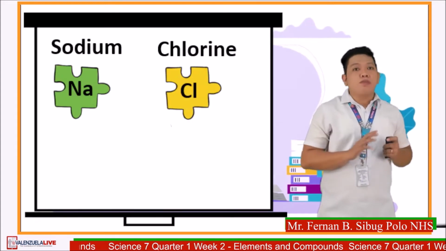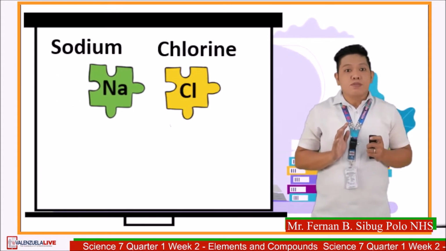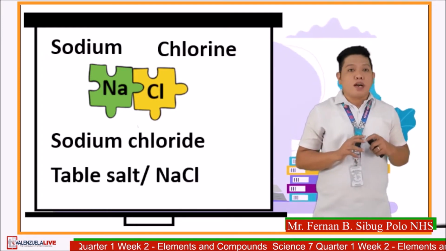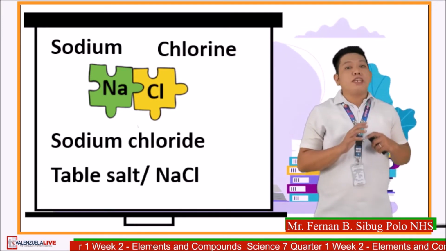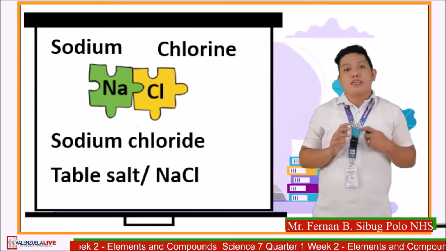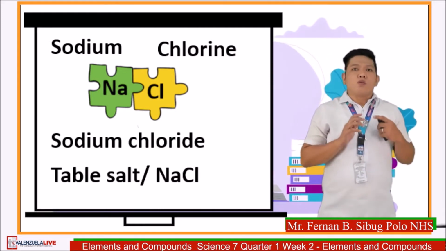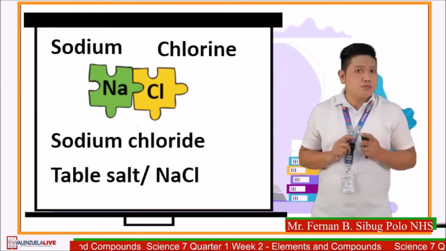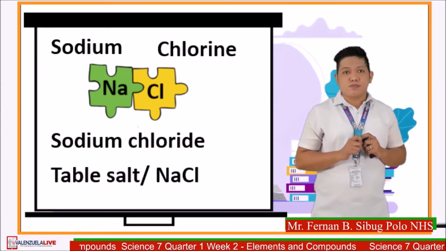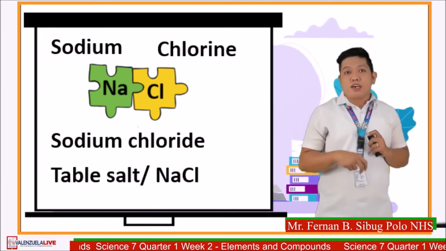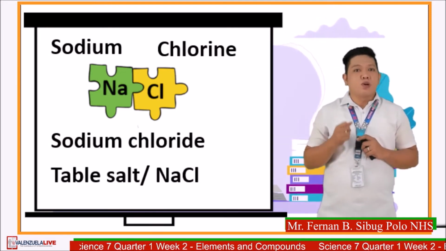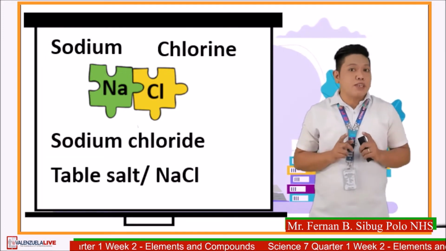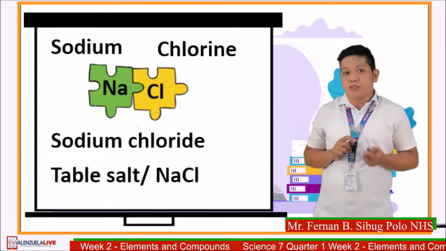When sodium is combined with chlorine, it will produce sodium chloride, or commonly known as table salt, with a chemical formula of NaCl. How many elements are there in the salt compound? Correct. There are 2 elements, sodium and chlorine. The reason why sodium chloride or table salt is a compound.